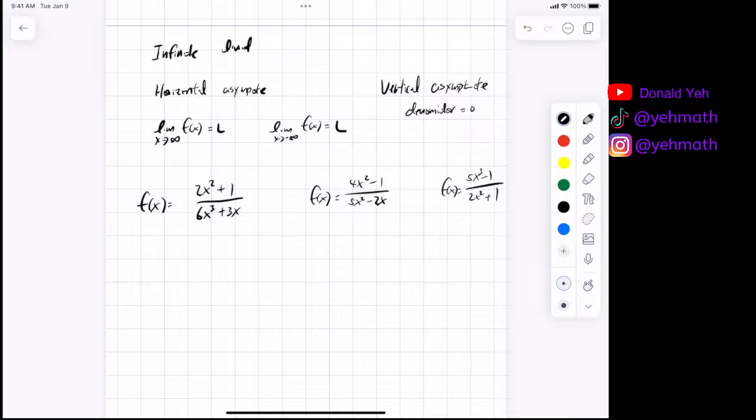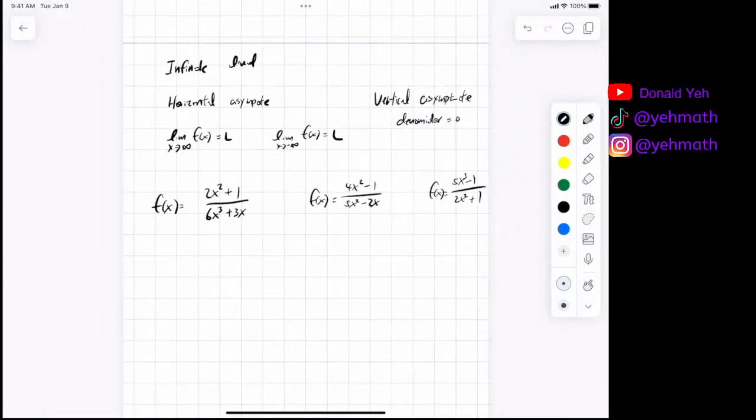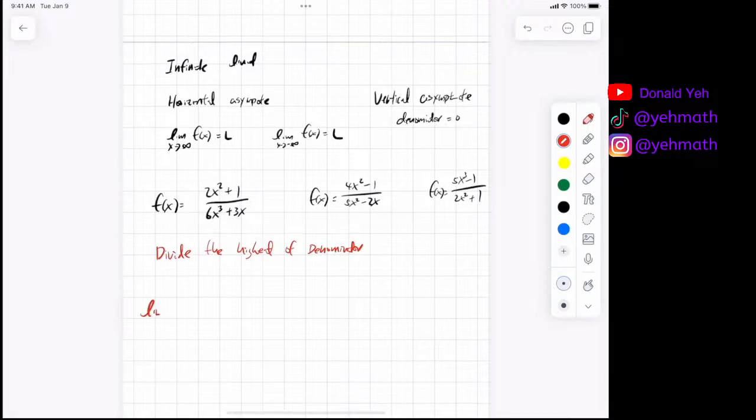Okay. So the best thing is divide by the highest degree of denominator. So if I divide by highest degree of denominator, I'm just going to approach infinity. So the first one is going to be limit x approach infinity of 2x squared plus 1 over 6x to the 3 plus 3x.